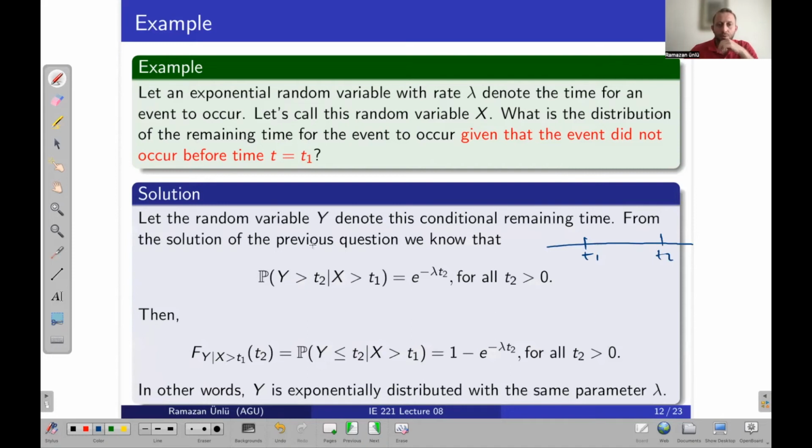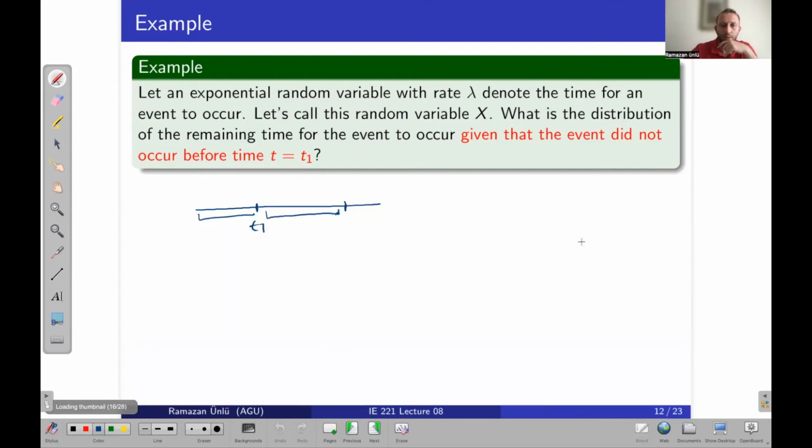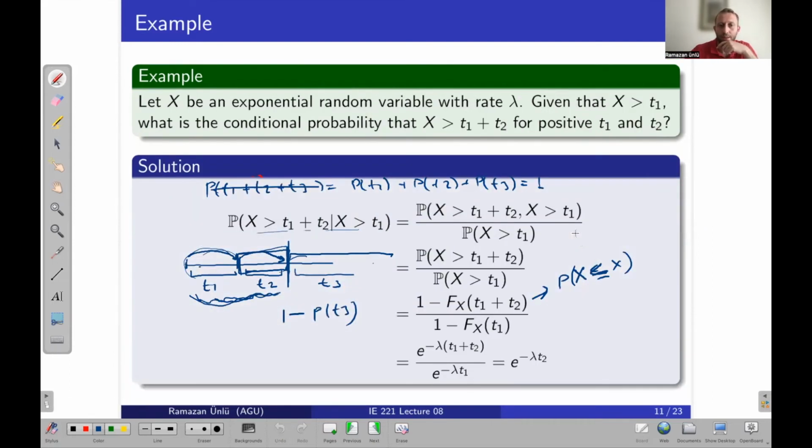Let's define the random variable Y to denote this conditional remaining time. From the solution of the previous question, we know that the probability that Y is greater than T2, given that X is greater than T1, is the same as in this example.